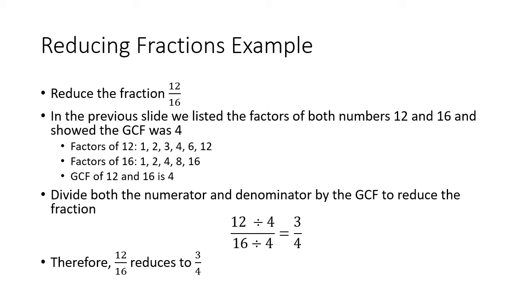So in order to reduce the fraction 12 over 16, we will divide both the numerator and the denominator by the GCF to reduce the fraction. So 12 divided by 4 becomes 3, and 16 divided by 4 becomes 4. So therefore 12 over 16 reduces to 3 over 4.